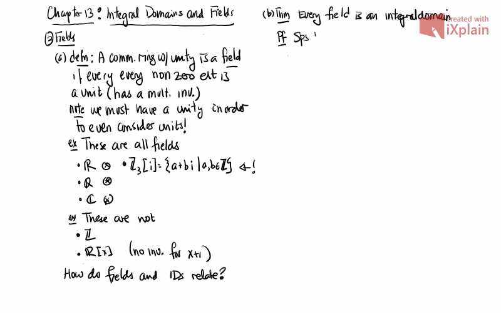Suppose R is a field and ab is 0. I'm going to claim one of them is 0. If a equals 0, we're done. If a is not 0, we just multiply it by its multiplicative inverse.